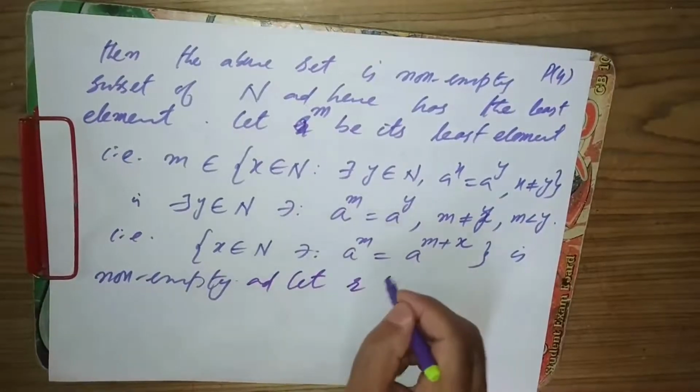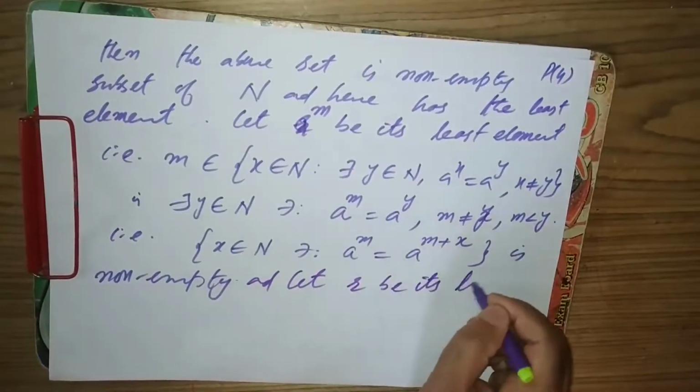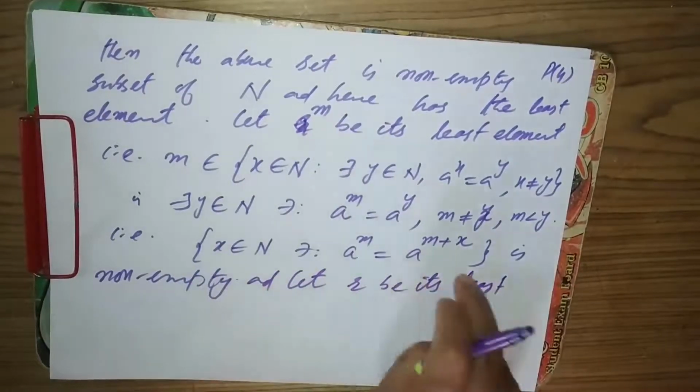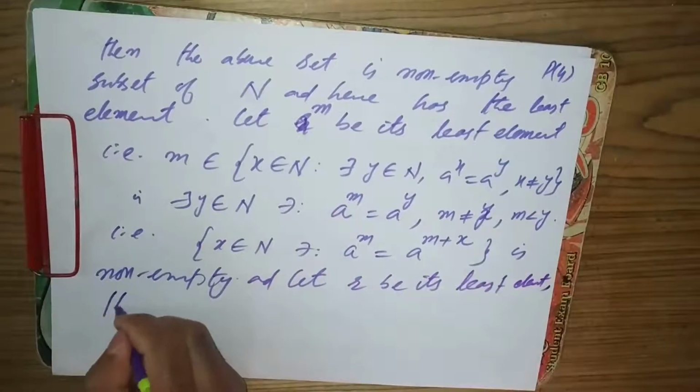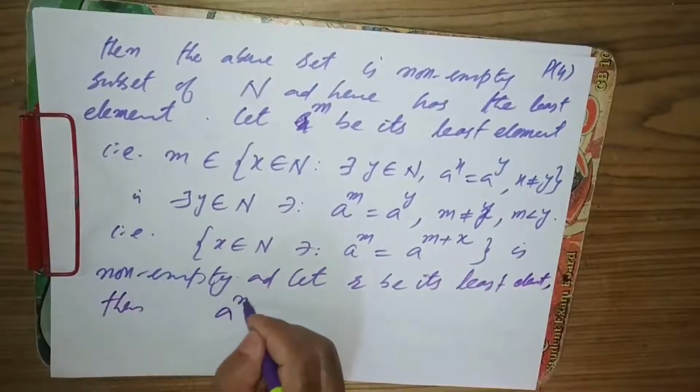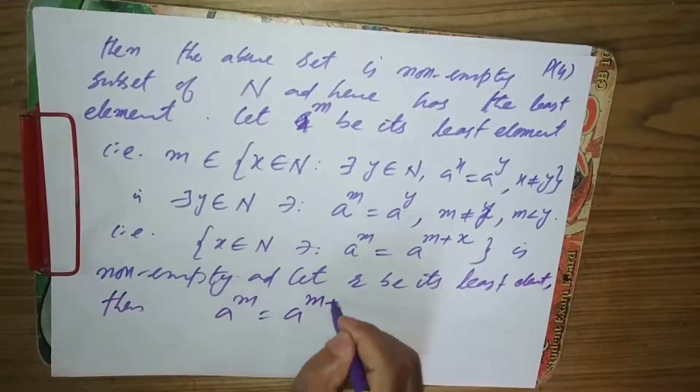Let r be its least element. Suppose r is the least element of this set. Then a power m is equal to a power m plus r.